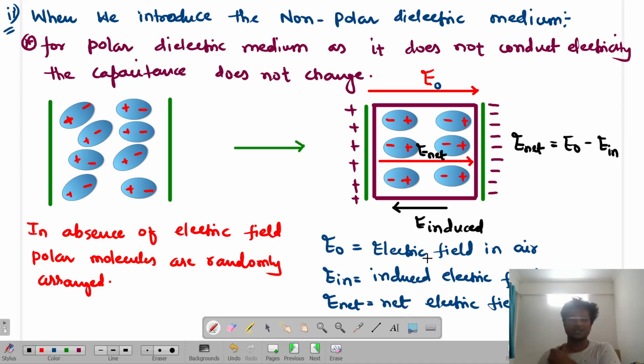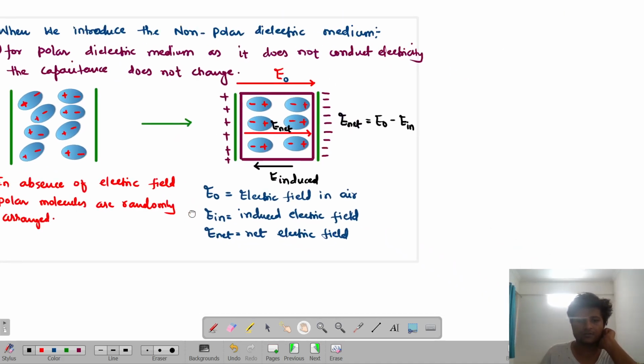But the point is, if this dielectric is of dielectric constant kappa, let me introduce it over here.